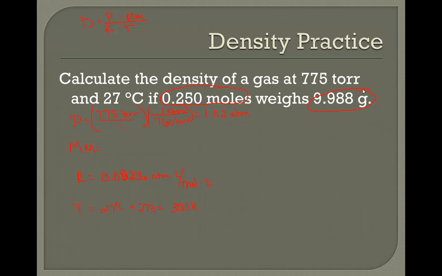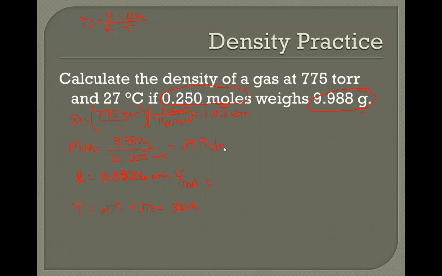However, we do know that the unit for molar mass is grams per mole. And we know that this particular sample is 9.98 grams in 0.250 moles. So we can figure out the molar mass by dividing those two to be 39.9 grams per mole.